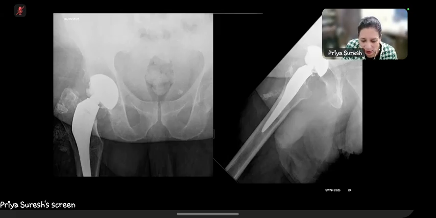Yeah, and you can just compare it to the previous one and say, because you are looking for lucency, you're not looking for density, oh, there's no periprosthetic lucency, it is unchanged from the previous. Yes, there is no periprosthetic lucency, and if you look at the prosthesis itself, it looks as if it's well positioned and well fixed.